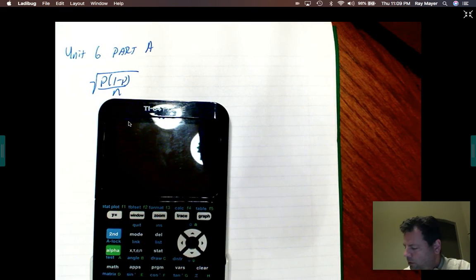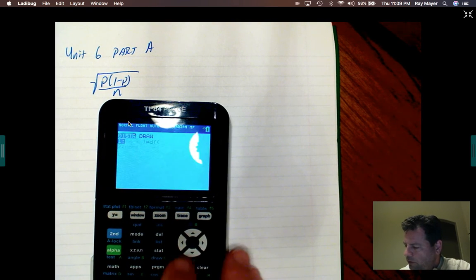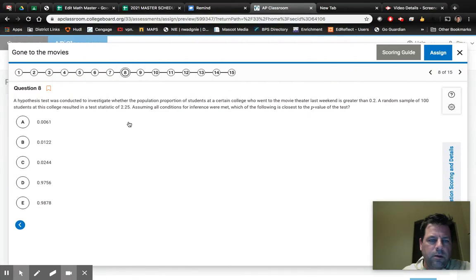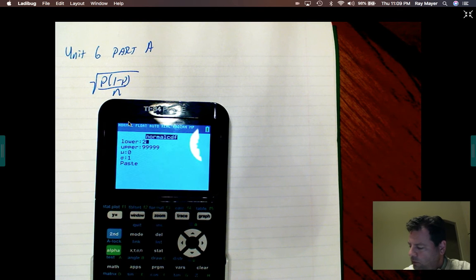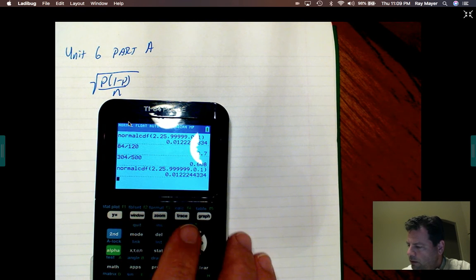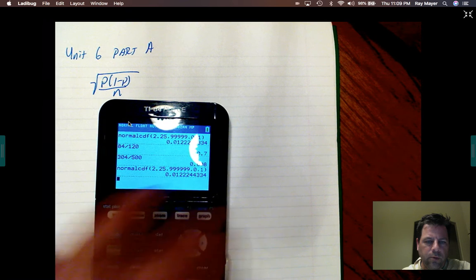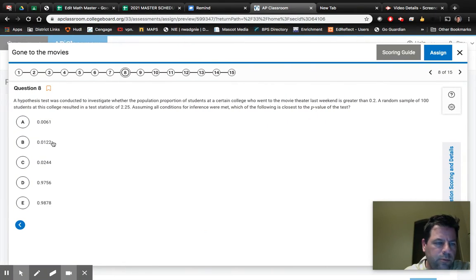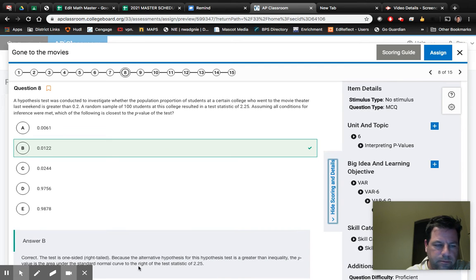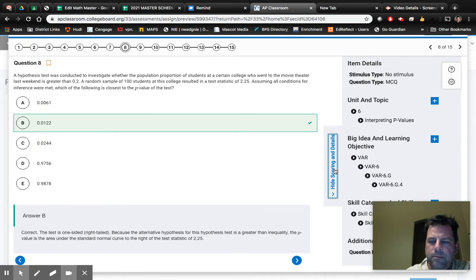It's a normal CDF because it's a Z. 2.25 to 99999 because it was greater. 0.012. Looks like B. If it was a 2 sample, we'd put C. B. Okay, good.